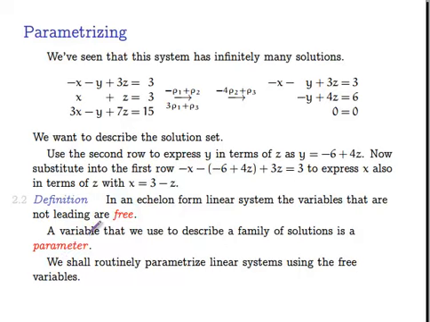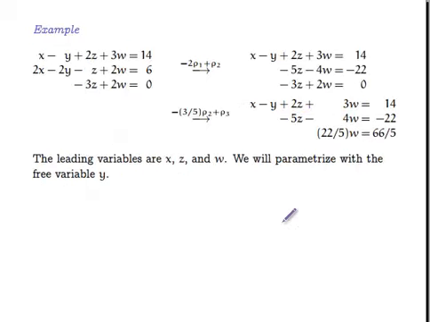So it's convenient to use free variables as parameters to describe the set of solutions for a system of linear equations. And that's the standard way of doing things. You express all the other non-free variables in terms of free variables. So that means the free variables are the parameters in your final solution.